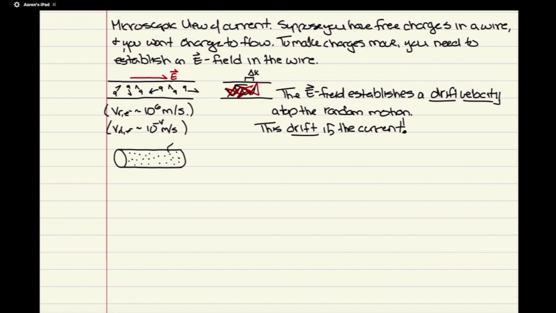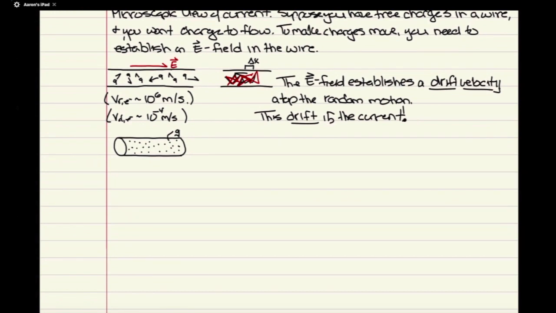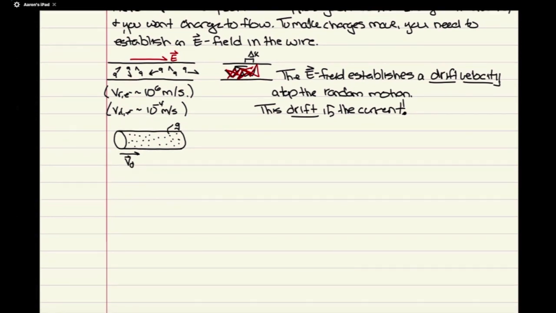So each of these is some charge Q. And they have some drift velocity, Vd, which I'll write as a vector since velocity is a vector.